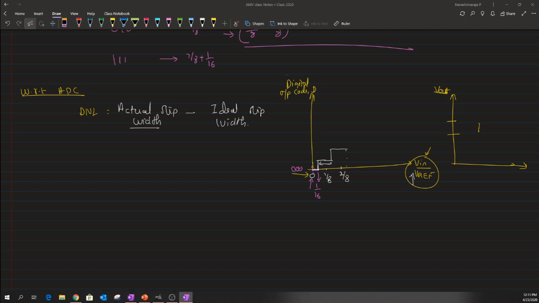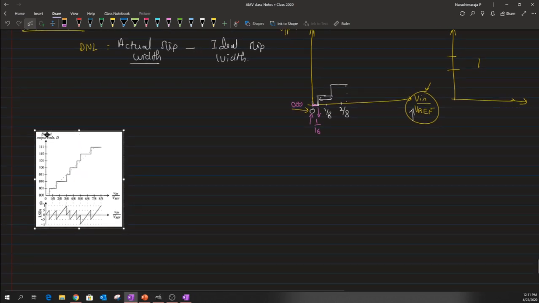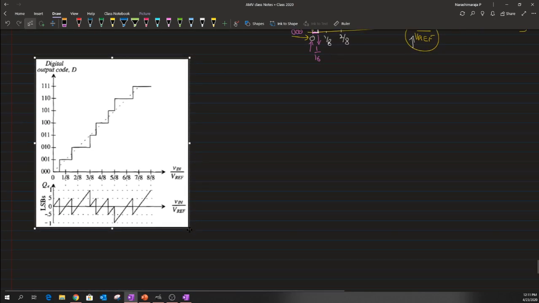With this definition, let us quickly get a picture that will evaluate the DNL error of the following graph. I am pasting the transfer function. This is the transfer function that we have, and let us evaluate the DNL error.